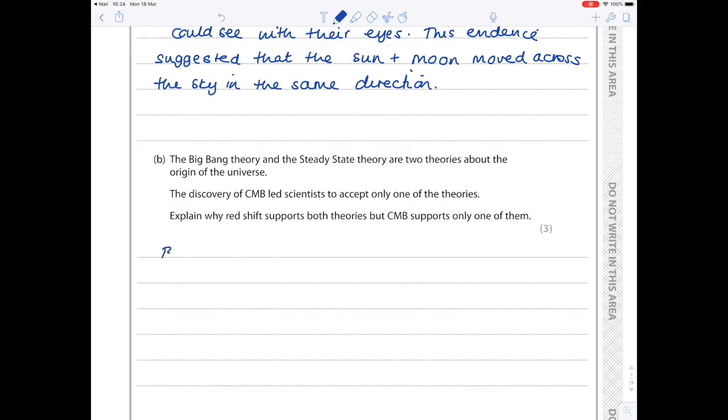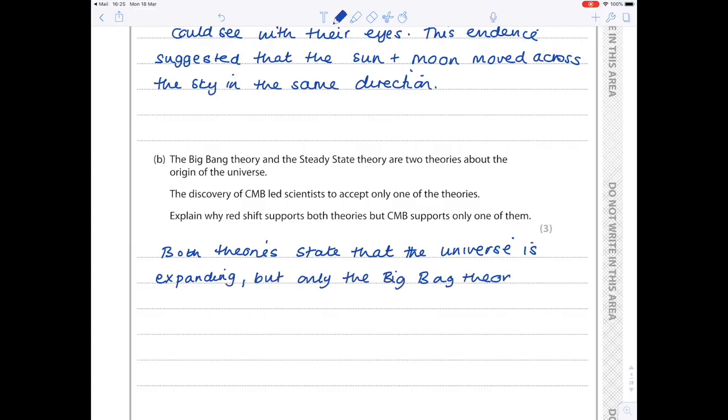So you want to start by saying that both theories state that the universe is expanding. But that only the Big Bang Theory states that there was really a beginning where there was a huge explosion which sent all the matter whizzing out into space.